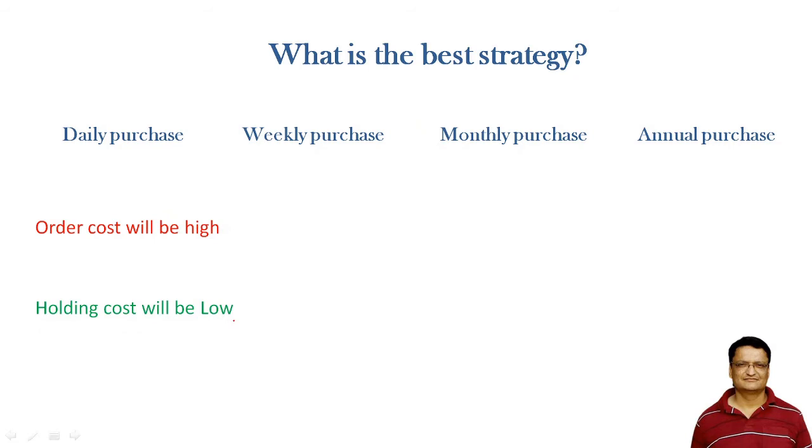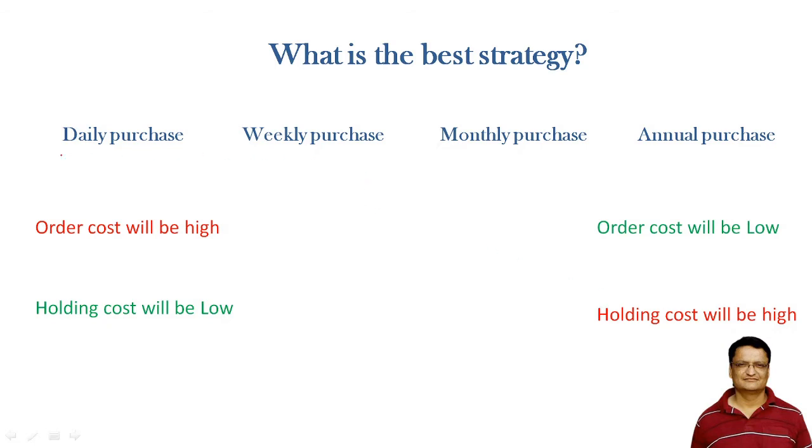On the other side, as you are placing very few orders, the order cost will be very low, but you may have to make a stock of that, which will require certain money and increase the holding cost.